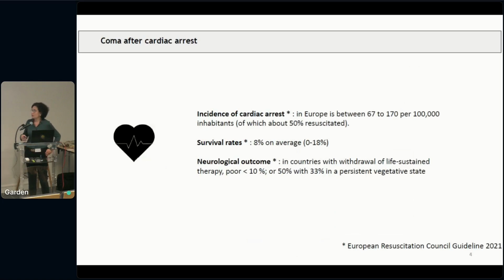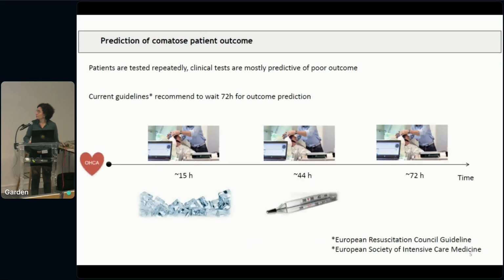So in this context, it's very interesting to develop prognostic markers that can be very accurate early on after cardiac arrest for two main reasons. One, the main reason, is that we want to prevent the withdrawal of life-sustaining therapy for patients who have a chance of recovery, but also because it's a very sensitive window where one can introduce more personalized interventions and improve the chance of recovering.